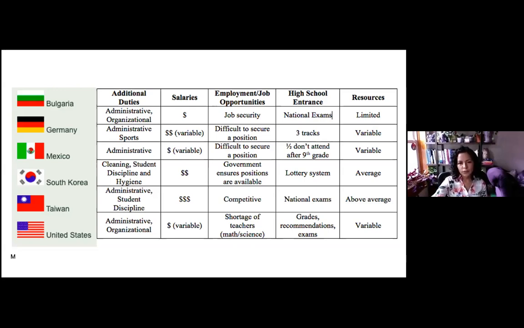So we kind of go from Europe to Asia. In South Korea, the government ensures that there's a balanced ratio between available slots and the number of positions for mathematics teachers, which makes securing employment a lot easier.